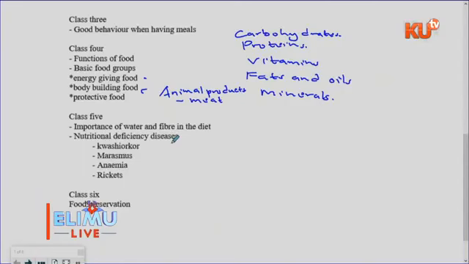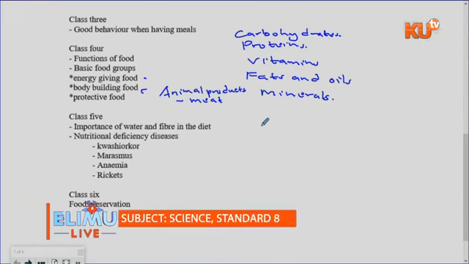In Standard 5, which is the cornerstone of food and nutrition, we learned about the importance of water and fiber in the diet. Many learners confuse the importance of water and the importance of fiber. The importance of water in the diet: the first one, water helps in digestion.